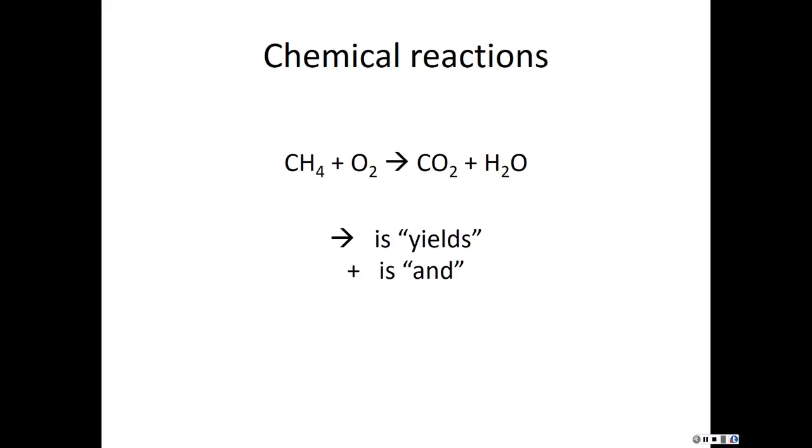So let's look at another one here. Let's say FeO2 plus 2 Cl2 goes to FeCl2 plus O2. When I'm writing this in English, what I would write is iron.